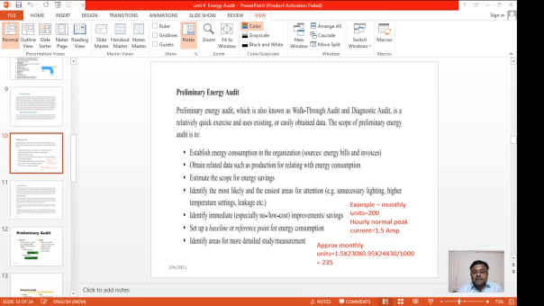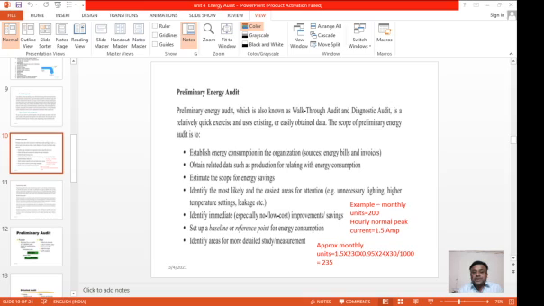As I gave an example last time, if you have visited some installation, let us say a residential consumer, and from his bill you come to know the average units. So if the average unit of that consumer is 200, then he can calculate roughly whether he arrives at that figure.